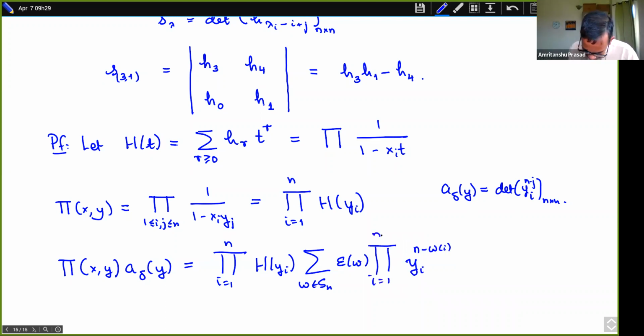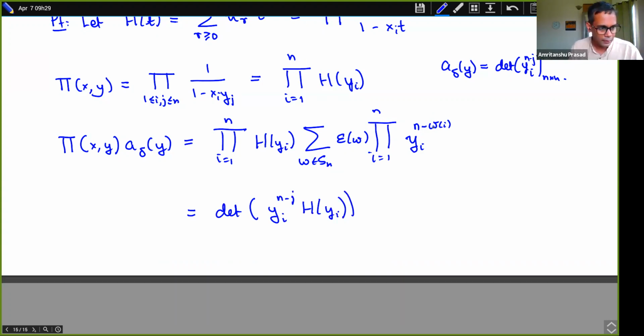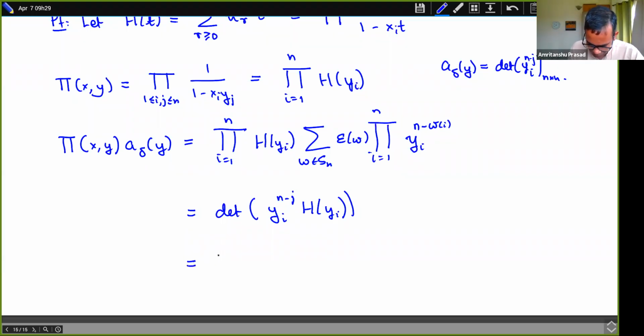So we combine this, bring this h(yi) and yi to the n minus wi together, then this becomes the determinant of yi raised to n minus j times h(yi). That's just the product in here merged with this one. And that you can think of as now expanding out this h(yi).